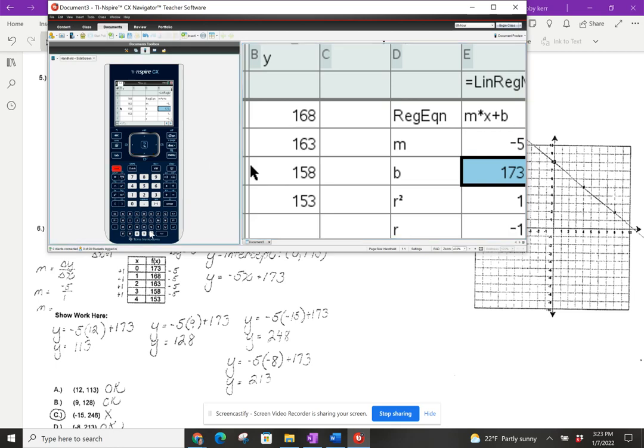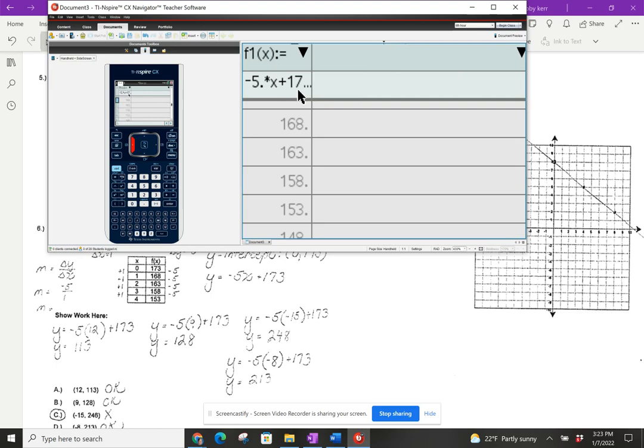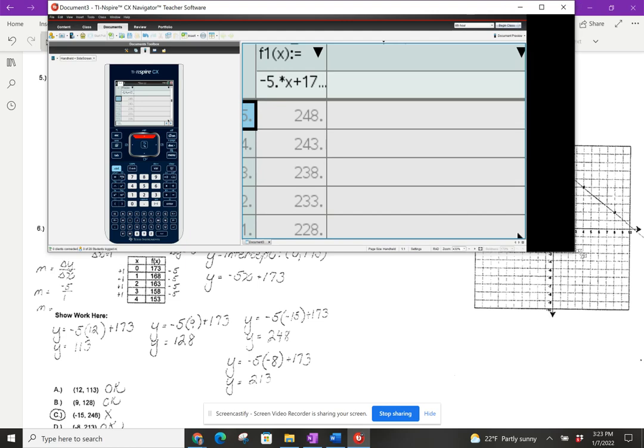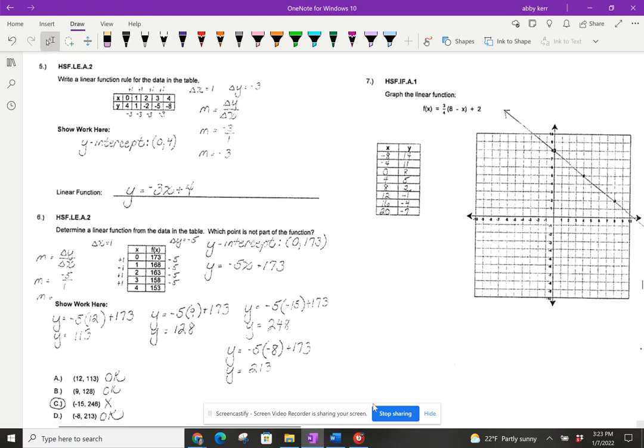You can also go to Control T to get the table. So if you scroll up, negative 15 actually goes to 248, not 246. So that's why that's wrong.